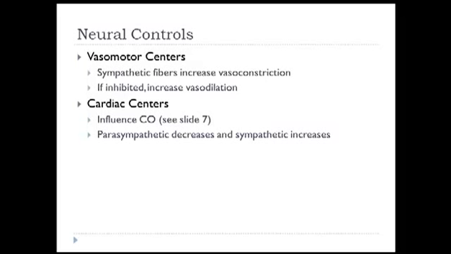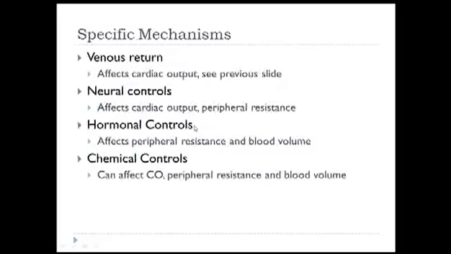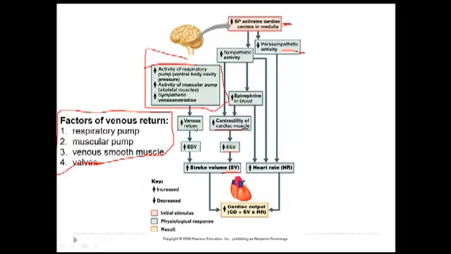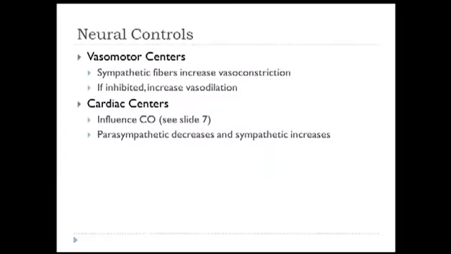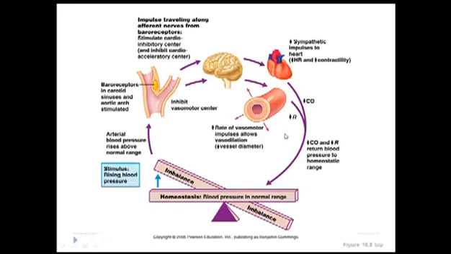So that would decrease our blood pressure. Once again, we talked about the factors that will affect cardiac output a couple slides ago back here. And parasympathetic centers decrease our heart rate, sympathetic increase the heart rate.